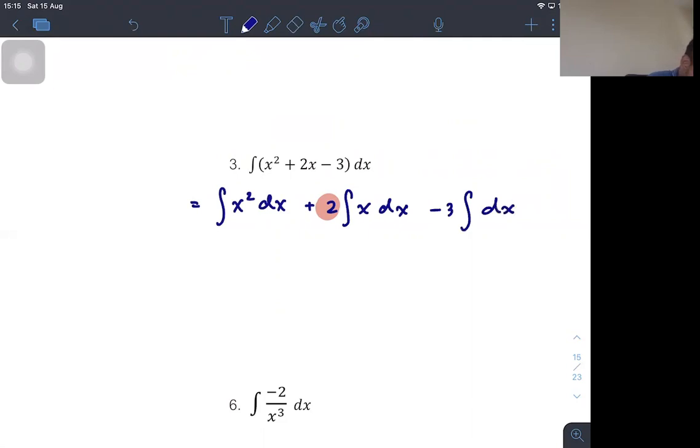So here I get x cubed over 3 plus 2x squared over 2, where 1 plus 1 is 2, so the 2s can be cancelled, and then -3 times integrate 1 dx gives you x, plus an unknown constant. And here's your answer.